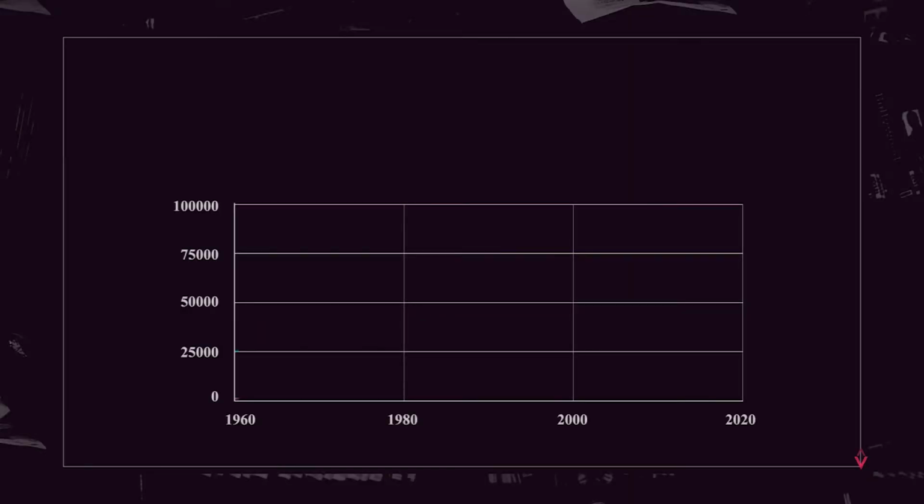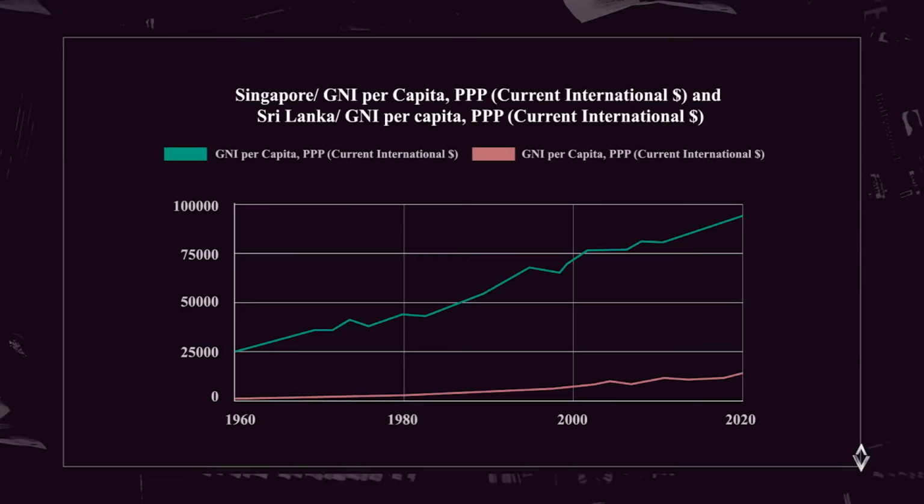For example, Singapore had a lower level of income compared to us in the 1950s. And look where she is now, and where we are. We sort of lost some opportunities, but they were consistently following good economic policies.